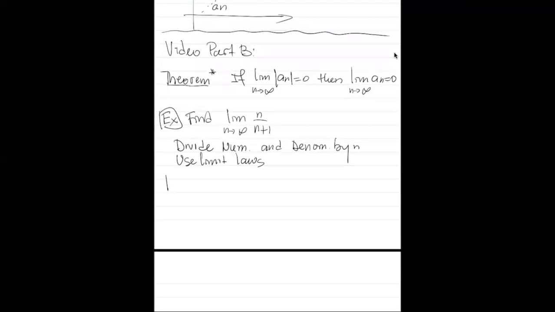So we have limit n over n plus 1, n goes to infinity. We're dividing by n, the top and the bottom. I'll do that individually. And then simplify. So we have 1 over 1 plus 1 over n, and we know that this limit goes to 0.